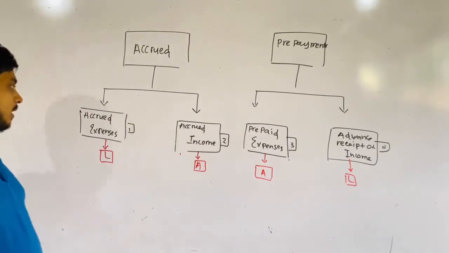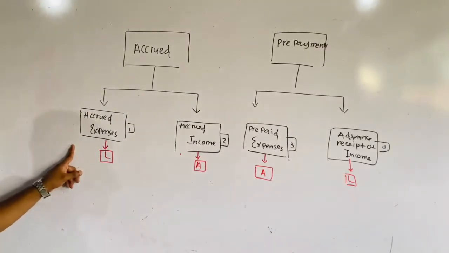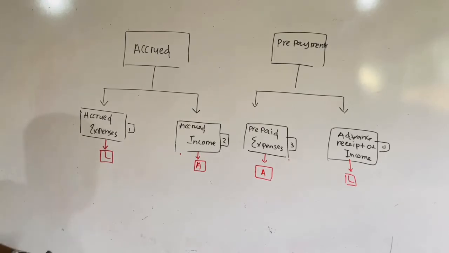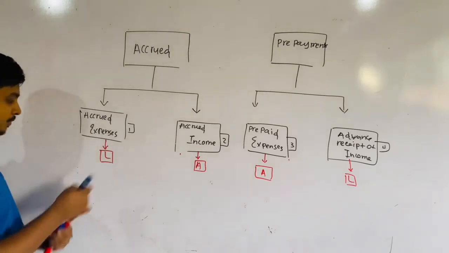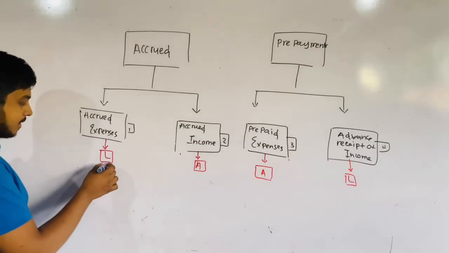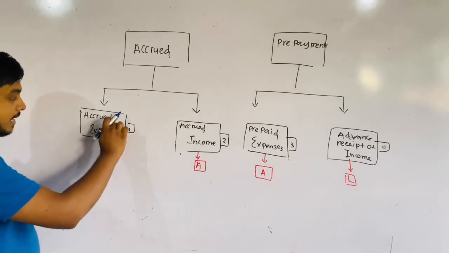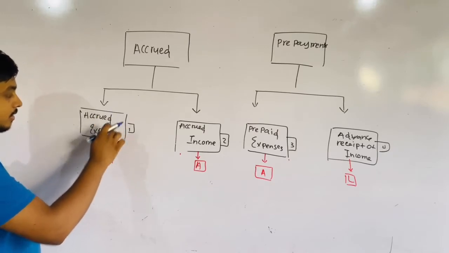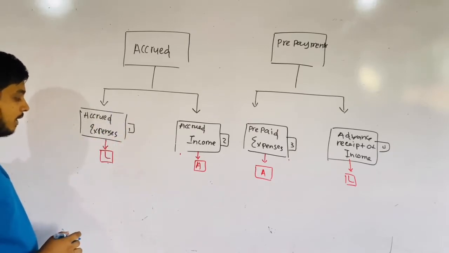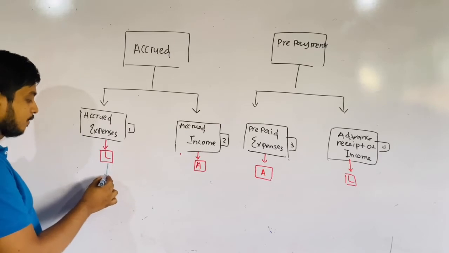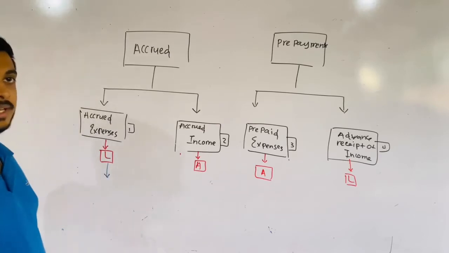The first adjustment is accrued expenses. How to write down the double entry for accrued expenses? You know the single entry now, because this is a liability: the relevant accrued expense account should be credited. Therefore, I will write down the first entry.